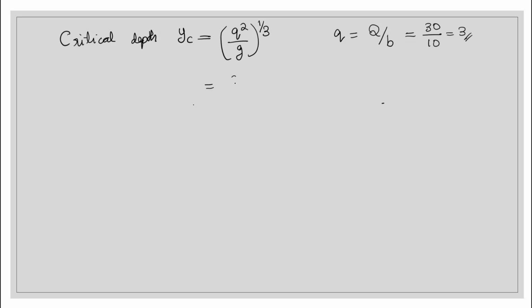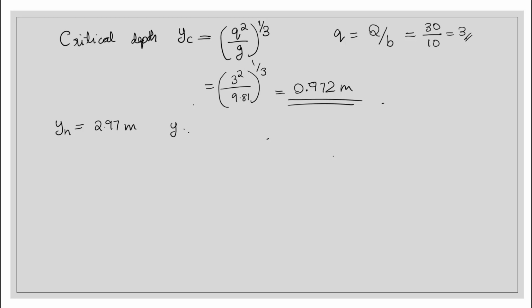So 3 square divided by 9.81, whole raised to 1 by 3, and the answer obtained is 0.972 meters.